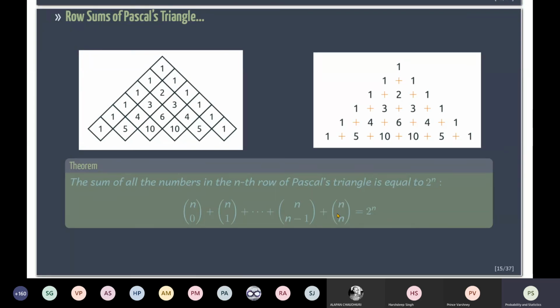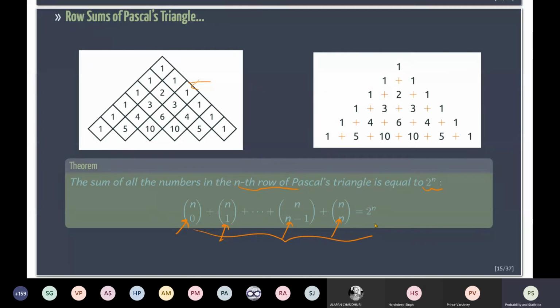So the sum of the numbers in the nth row of the Pascal's triangle is equal to 2 to the n. That is something we have verified from the Pascal's triangle. To prove this recurrence, the first entry is like picking a subset of length 0, and the second term is subsets of length 1, up to subsets of length n minus 1 and subsets of length n.